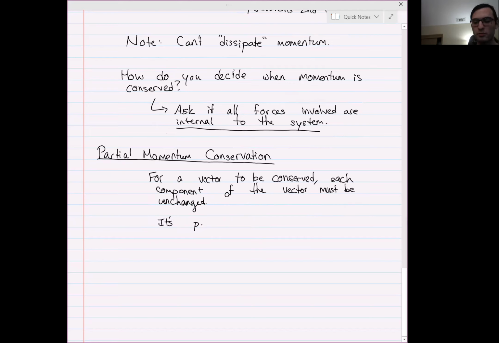It's possible to just have one or more components be unchanged. And the way that we would figure that out, what that would imply is it means that there are no external impulses in that direction.